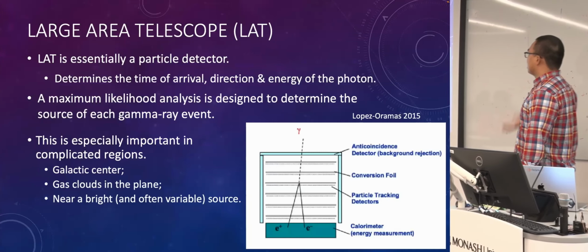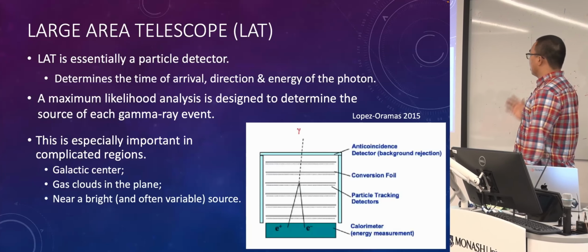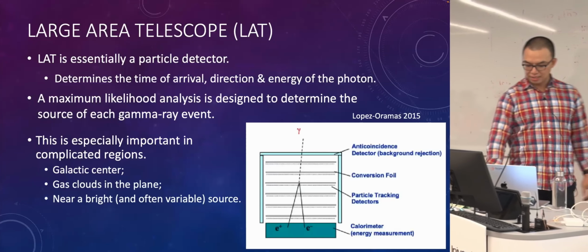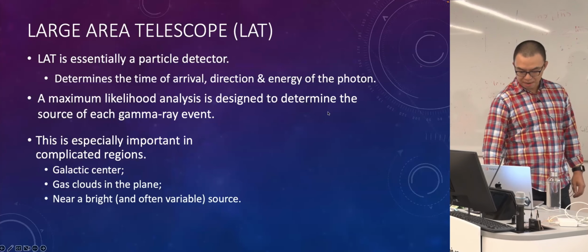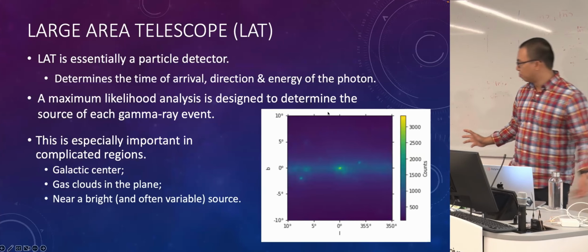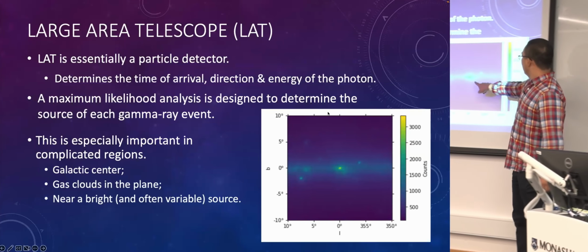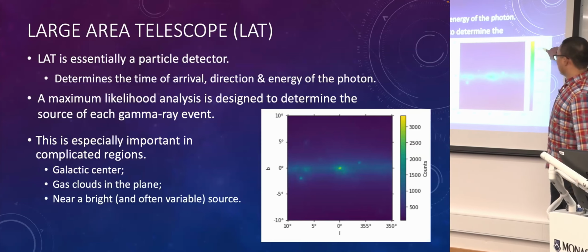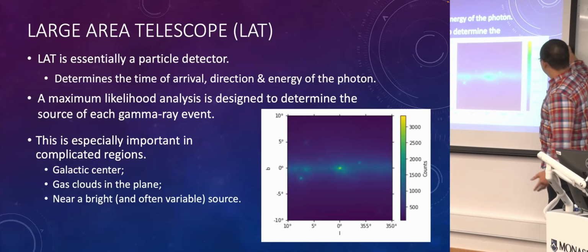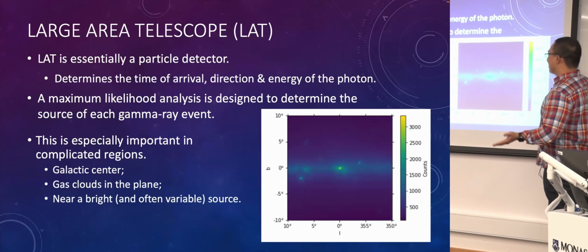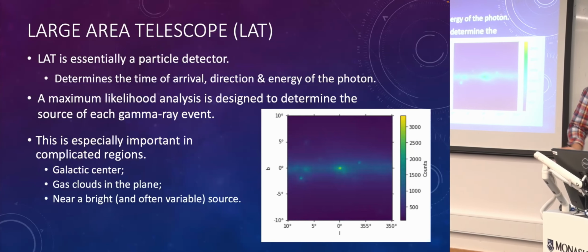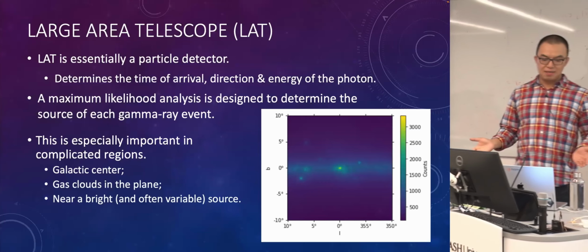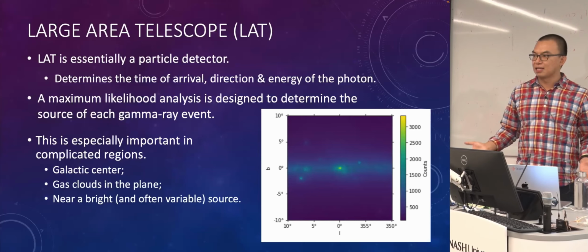And this process is particularly important in complicated regions, such as the center of the galaxy. If you remember from the previous plot, it was very bright. So I zoomed in on that for you. You can see that the center here has over 3,000 photons. Again, not a lot, but it's quite bright in gamma rays. There are also gassy areas in the plane, a lot of gas clouds in the plane. That's also complicated.